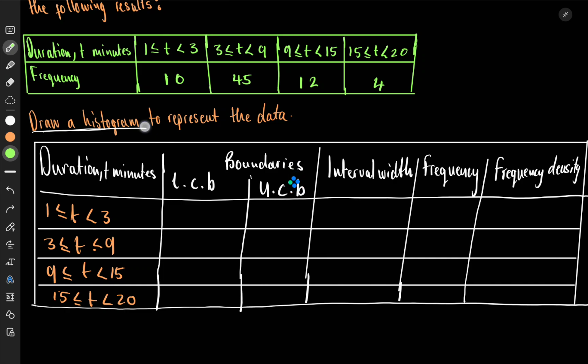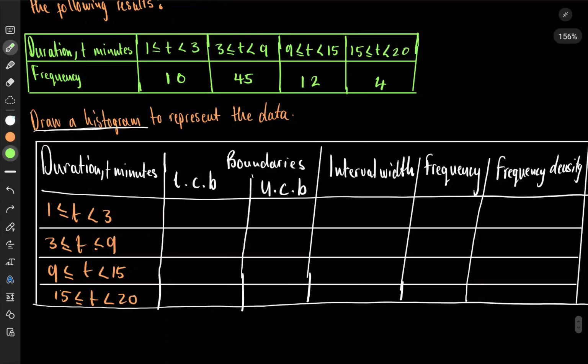Because let me tell you, the thing about a histogram is we have to be careful when we're dealing with the boundaries, because a histogram is not a bar chart. So it has no gaps between the bars. The bars are like this. One is going like that, the other one is like that, then the other one right there. They're stuck to each other.